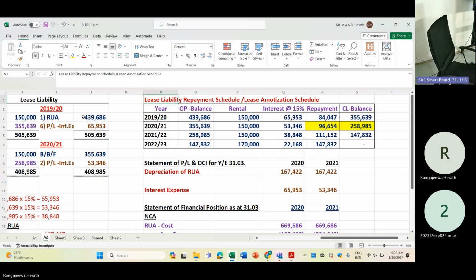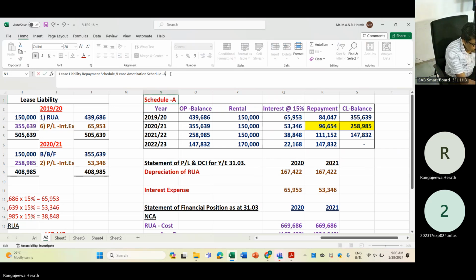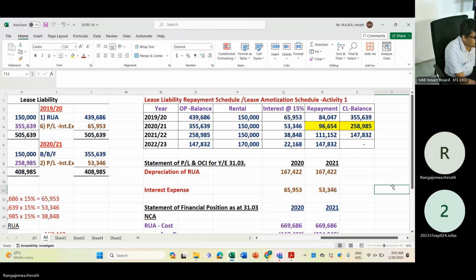Now we can prepare a similar schedule for the third activity, what we just finished. Activity 1 වල schedule එක මේක දාන්න, activity 1 interest repayment schedule. Activity 1. Similarly, you can have the activity 3. මේ වගේ අපට activity වලට හදන්න.